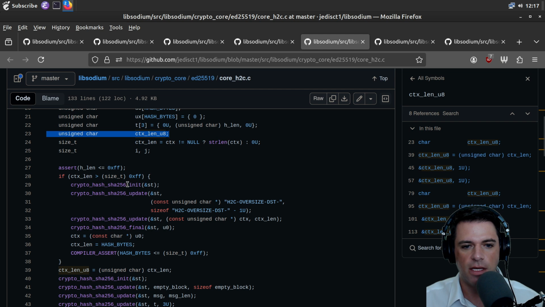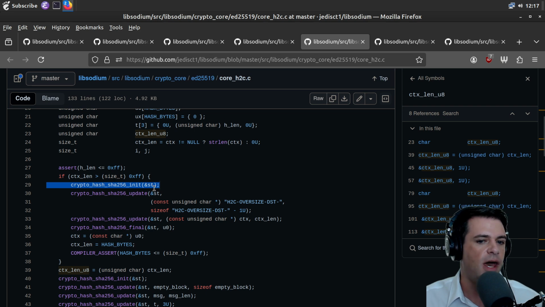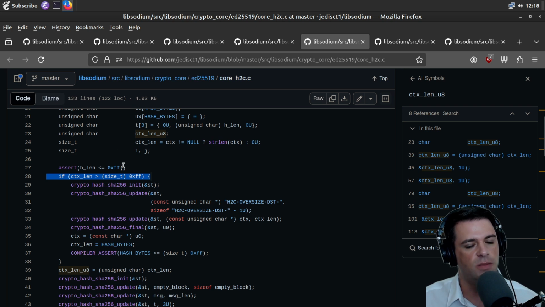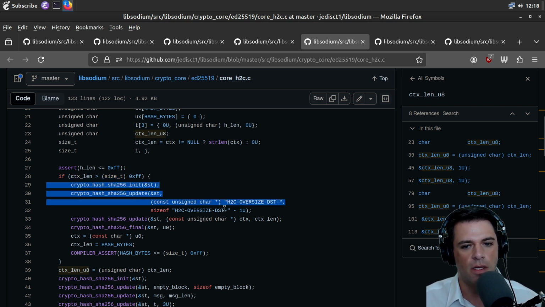Some context length thing and some sizes. And we're going to call crypto hash SHA-256 init, and then we're going to call update. So if the context length is big enough, I guess. And something about H2C oversized DST. So I guess this is for handling oversized stuff.